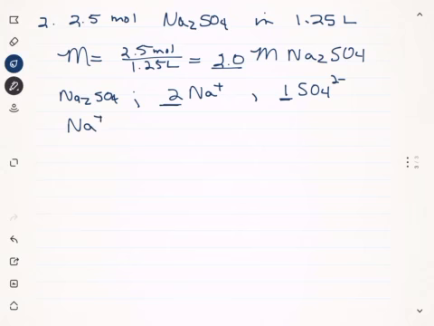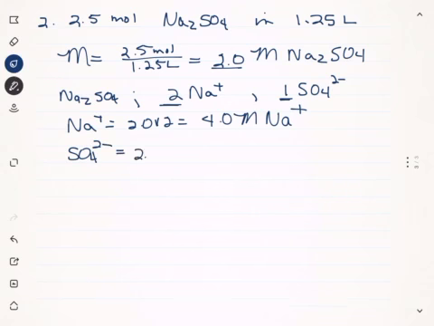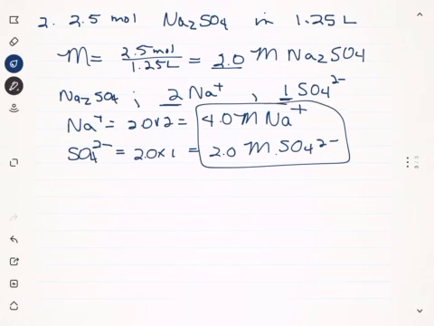The concentration of sodium is going to be 2.0 times 2, 4.0 molar Na+, sorry about that. And for sulfate, SO4 2-, we're going to have 2.0 times 1 equals 2.0 molar SO4 2-. And that's our answer for the second problem.